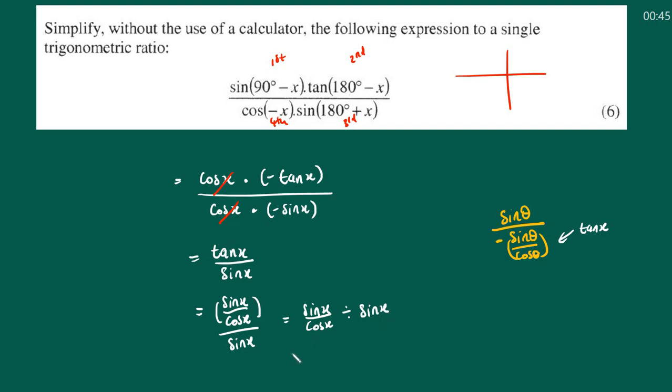It's a pain, but it's a pain we have to endure. Then you can write this as sine x over cos x multiplied by 1 over sine x. Remember that when you change the division sign to multiplication, you have to make sure the other side is the reciprocal of that. Then from there you see sine will cancel sine, then you will have 1 over cos x. Good.